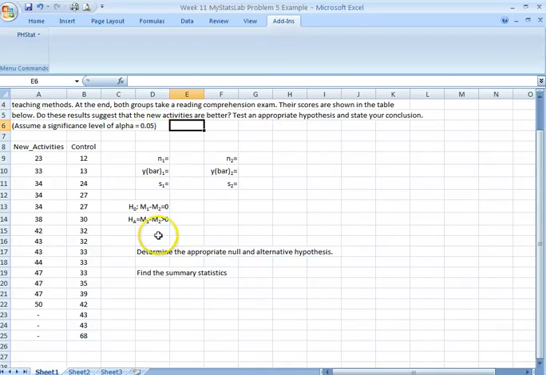So next, in the process of looking for our p-value, the first thing we're going to do is calculate our summary statistics. For that, the first thing we need to know is the number of observations in each group.